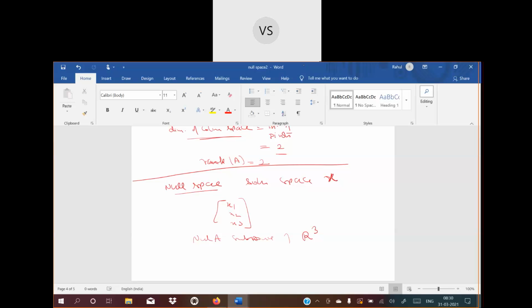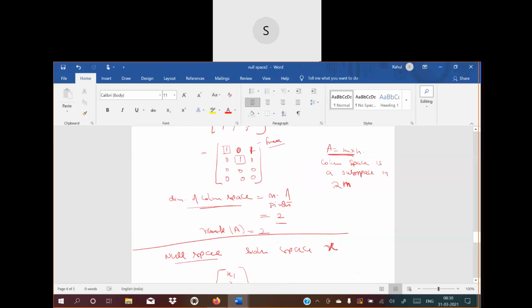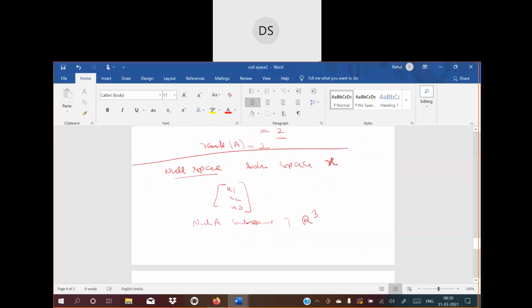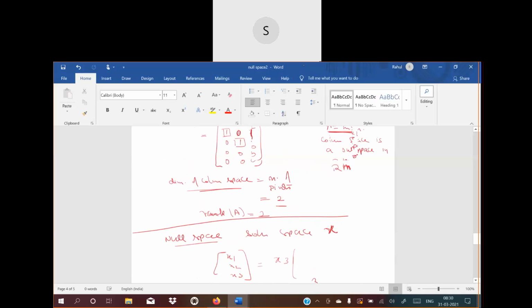Tell me, what is the value for x1, x2, x3? If you write 1, 1, minus 1, therefore you can write this in the form of x3. You are writing this as equations, right?